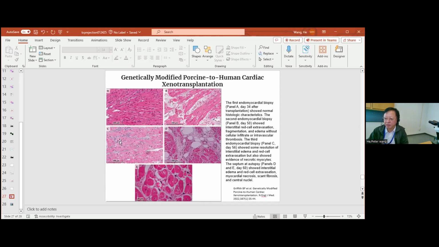By day 53, we can see in some areas this interstitial edema starting to become fibrotic. In the fibrotic area, we have some infiltrate. At the time of autopsy, which is D and C, we can see the edema, fibrosis, and some hemorrhages.